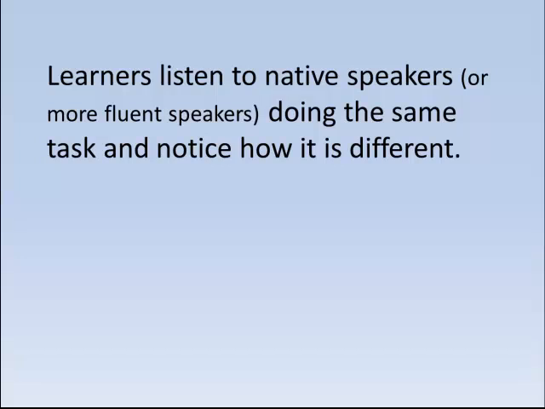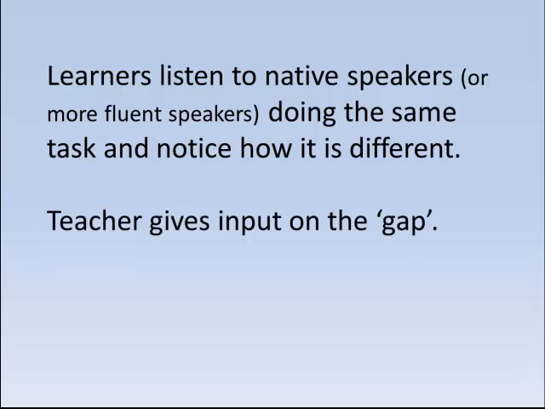If you are a pre-intermediate learner, native speaker talk might be really difficult for you to follow, but an upper intermediate learner might find it, 1, easier to follow, and 2, a more realistic model, a more realistic aim perhaps for what you could achieve at this moment. So they're going to listen to the same task and see what sort of language these better speakers use to achieve the same aim.